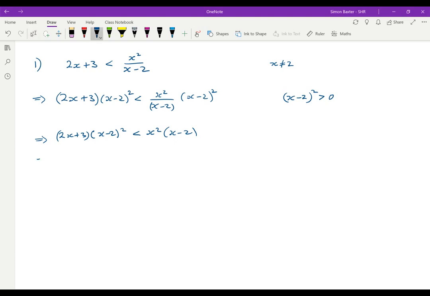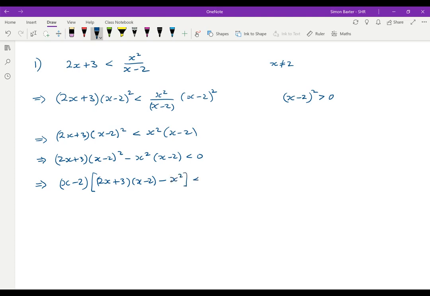So if we first of all subtract x squared (x minus 2) from each side, then having done that, we can factorize. And you will always be able to do some factorizing when you're doing this. If we take x minus 2 out, we're left with 2x plus 3, x minus 2, minus x squared, less than 0.